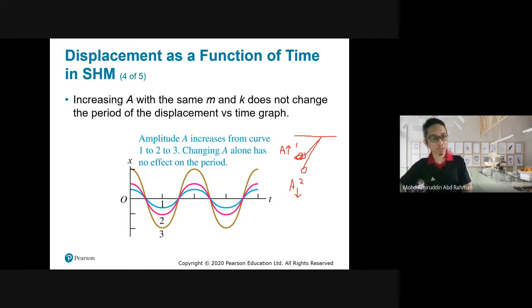This does not change the period, and when the period does not change, of course the frequency won't change. Only the amplitude changes. So remember that.